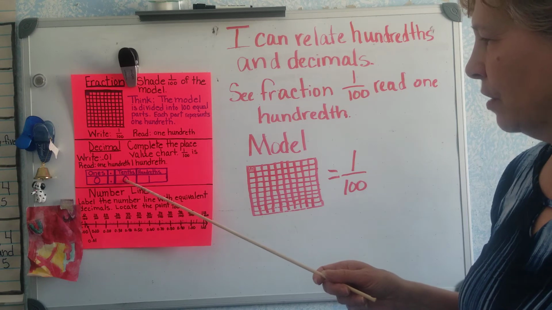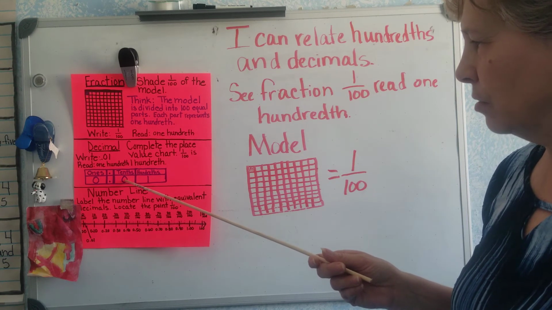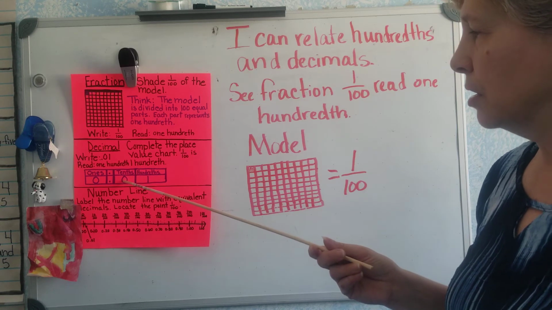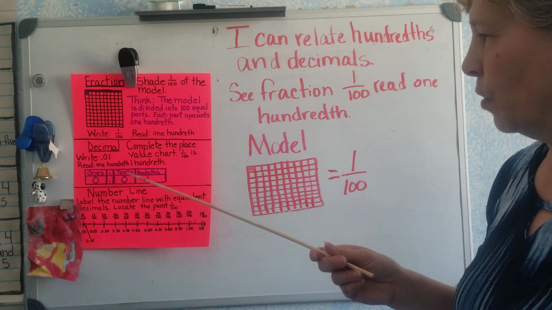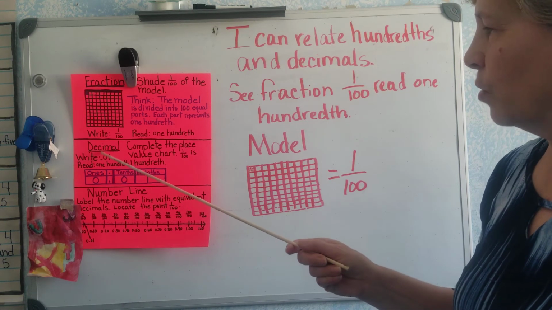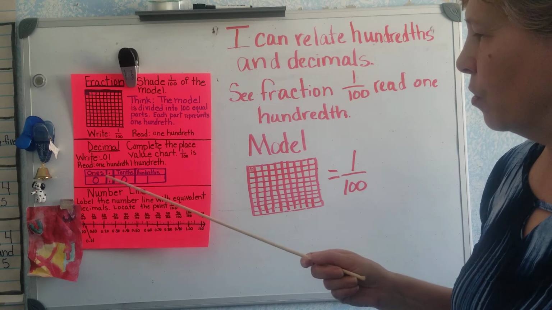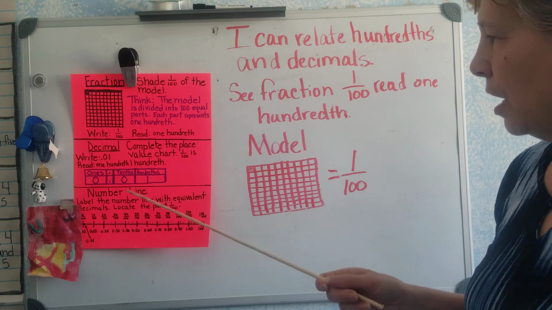If we would leave the 0 out and we would just put a 1, that would look like our last lesson, which would be 1/10. So 1/100th is less than 1/10. So we really want to make sure that we're putting that 0 in for our tenths. So we write 0.01 and we read it as 1/100th.